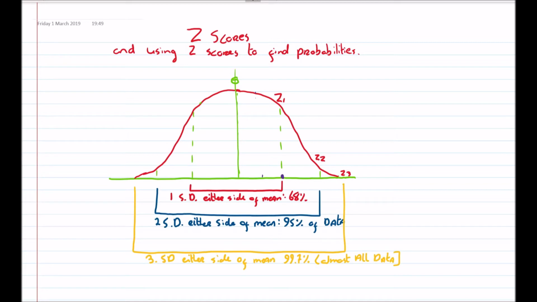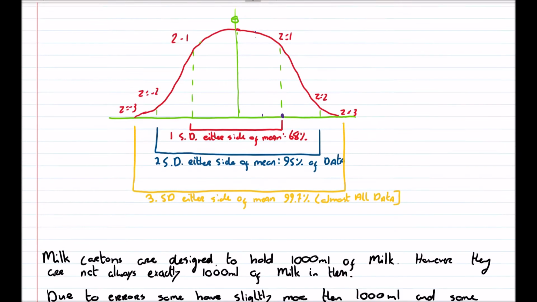Okay, so again, z will equal 1 here, z will equal 2 here, and z will equal 3 here. And back here then, one standard deviation below the mean will give us a z-score of -1, two standard deviations below will give us a z-score of -2, and three standard deviations below will give us a z-score of -3. Right, hopefully that's fine so far.